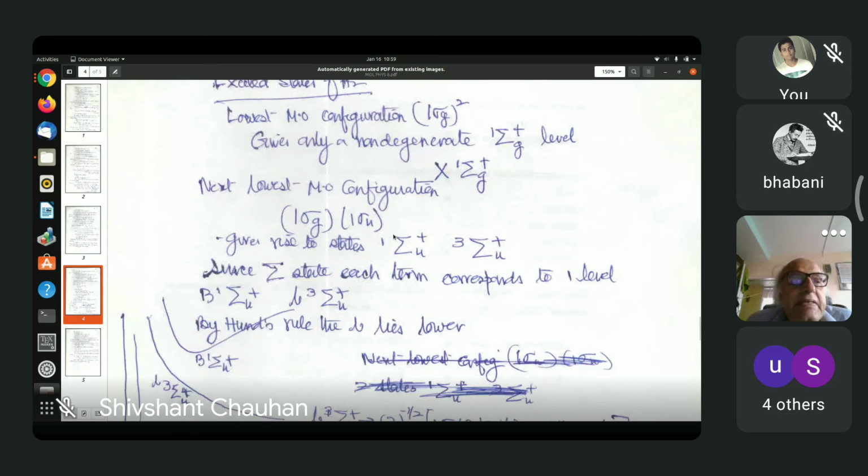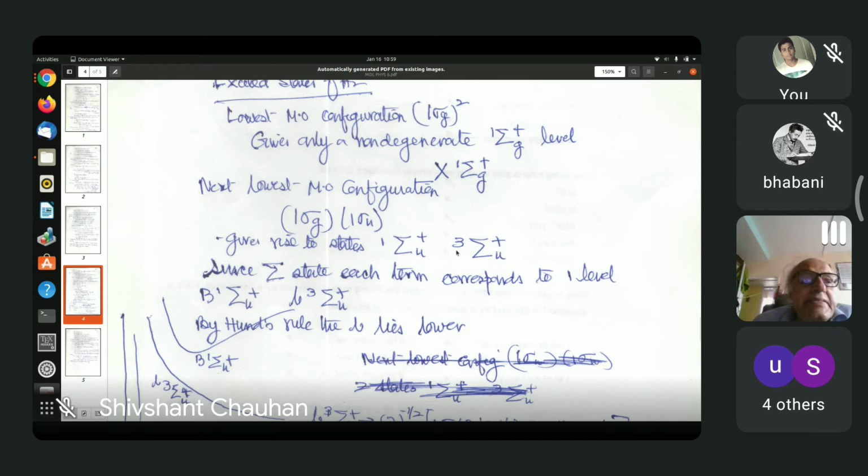See, they are different. One of them has the same 2s plus 1, the superscript, which is called multiplicity, as the X state. So singlet sigma U plus, and here the ground state is singlet sigma G plus. So both are singlets.